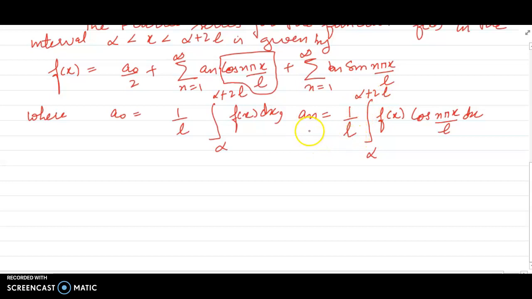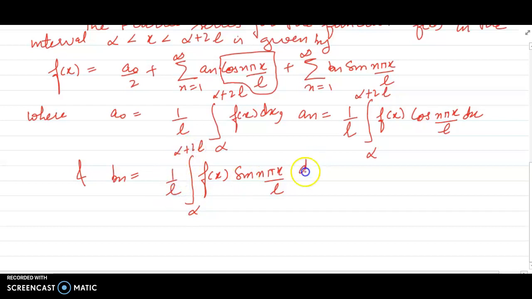This will give you the value of an. Similarly, to get bn, multiply f of x with sin of n pi x by l, integrate the same between alpha and alpha plus 2l, and multiply by 1 by l. This will give you the value of bn.